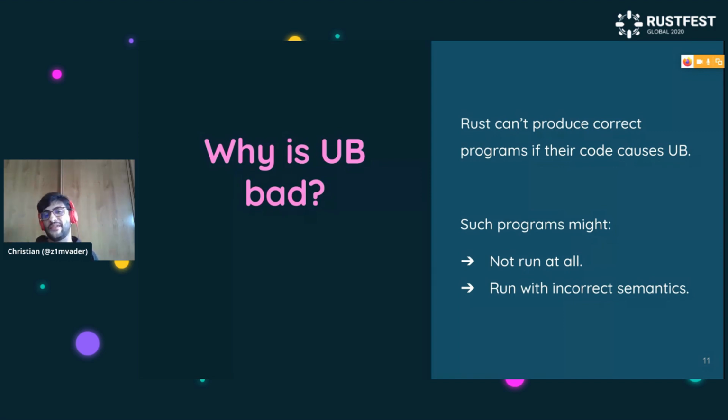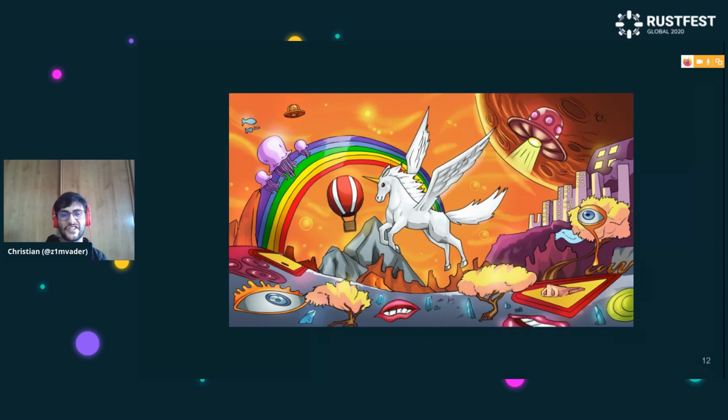Maybe it throws a segmentation fault or some sort of memory out of bounds error. But in the worst case, it might run, but not as you intended, so that program might do anything. For that reason, it's common to see a psychedelic image with unicorns and rainbows when people discuss undefined behavior, because we lose track of what our program is doing at the most basic level. We don't even know anymore.